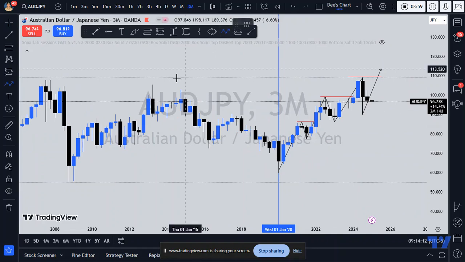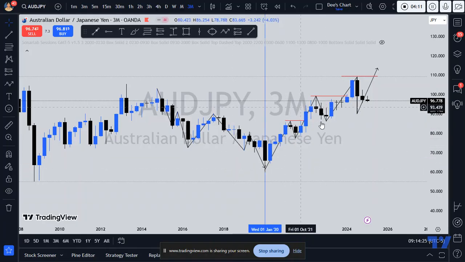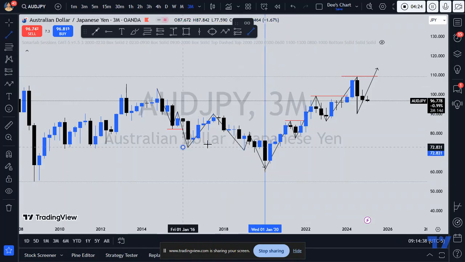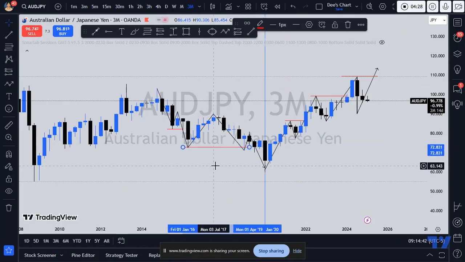So what we have is price creating lower lows and lower highs, lower lows and lower highs. Essentially, it's the opposite of what happens here. You want to see price breaking into new lows by taking out the previous low and creating a pullback, which is called a lower high. You want to see this continuously happen for the market to display a seller's market.